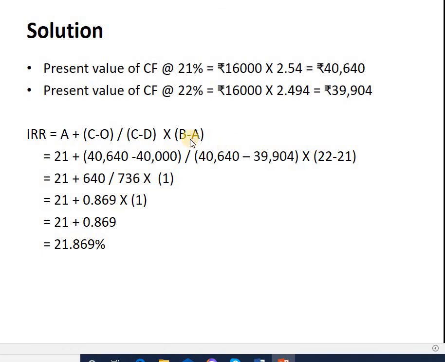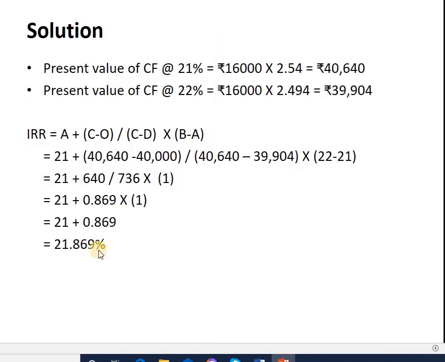B minus A is higher rate minus lower rate. So 21 plus (40,640 minus 40,000 is 640) divided by (40,640 minus 39,904 is 736) into (22 minus 21 is 1). So 21 plus 640 divided by 736 comes to around 0.869, plus 21 is 21.869.